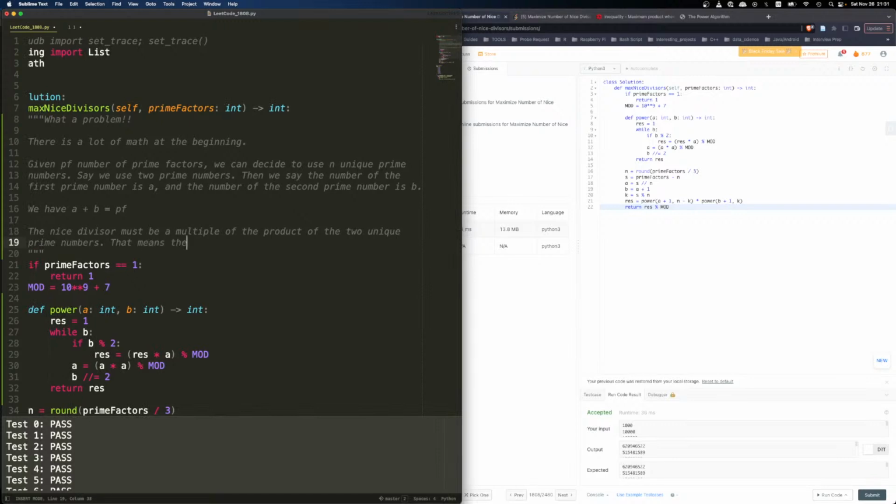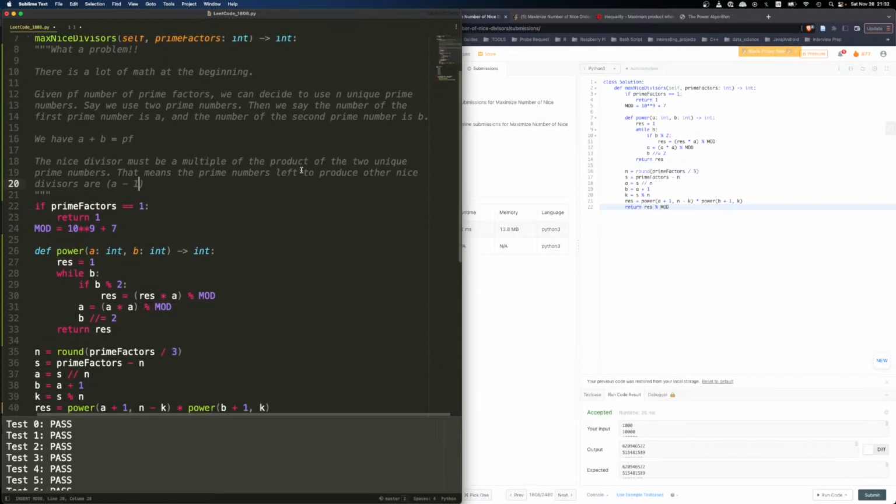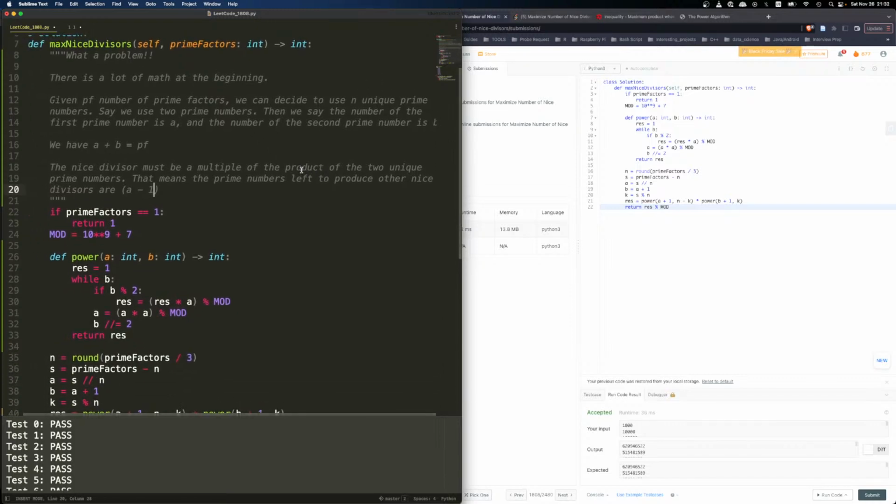That means the prime numbers left to produce other nice divisors are a minus 1. Why is it a minus 1?